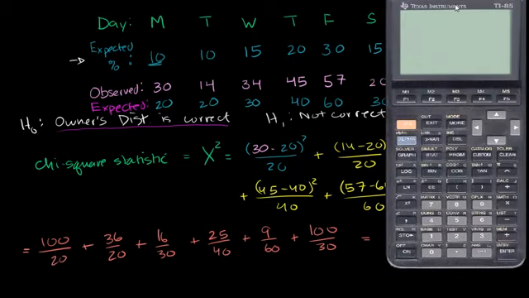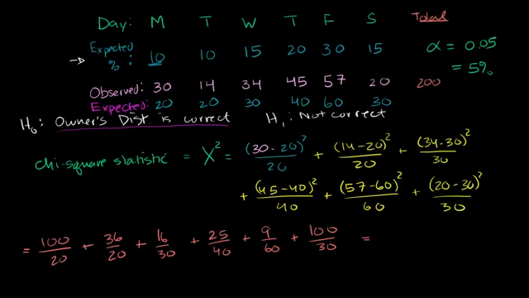We have 100 divided by 20 plus 36 divided by 20 plus 16 divided by 30 plus 25 divided by 40 plus 9 divided by 60 plus 100 divided by 30 gives us 11.44.